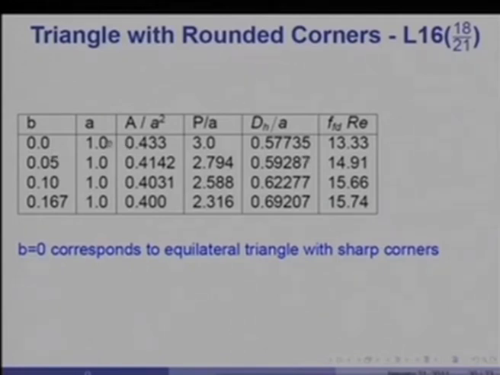So, in each case I have taken A equal to 1 and the rounding radius first of all is 0, which of course corresponds to an equilateral triangle with sharp corners, 0.05, 0.1 and 0.167, and you can see I have evaluated cross sectional area divided by A square, perimeter divided by A, and therefore hydraulic diameter divided by A. Now, you can see that for a sharp corner it is 13.33, which we had also seen in the Kantorovich method.